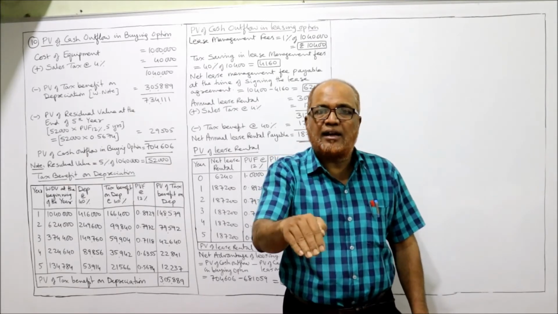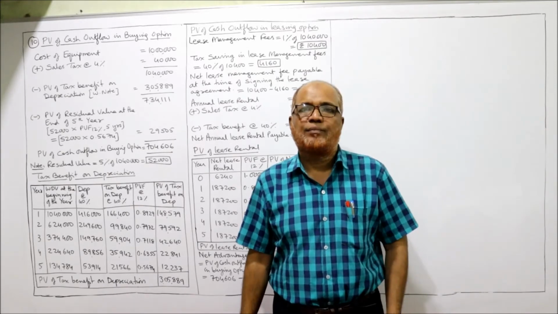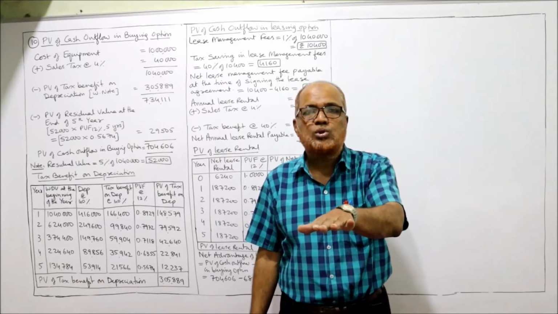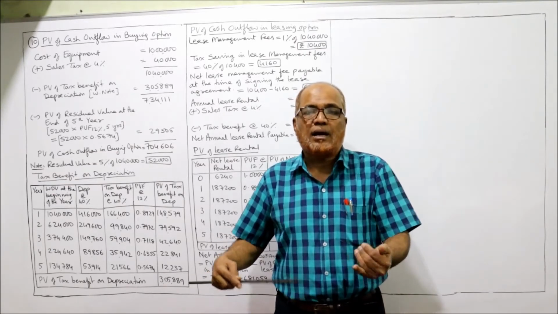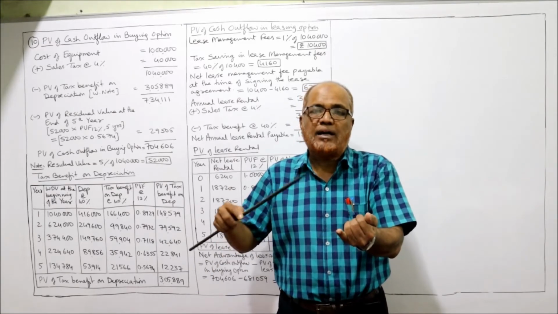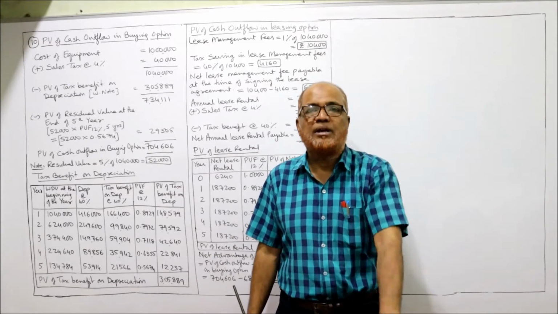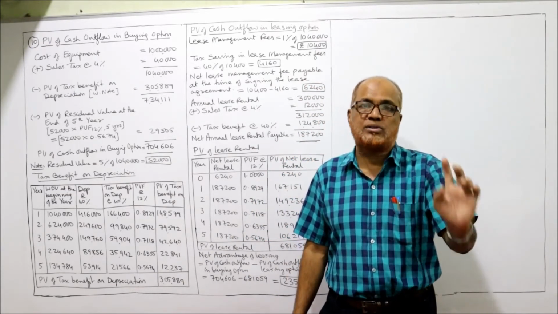When income is reduced, we save tax. Tax liability will reduce if our income is reduced. So by buying the asset, with the help of depreciation, our tax liability will get reduced. That is called tax benefit on depreciation.